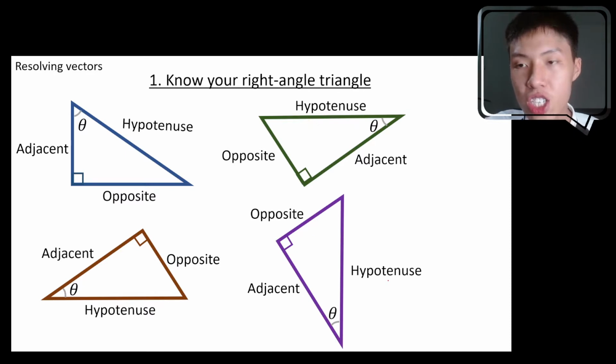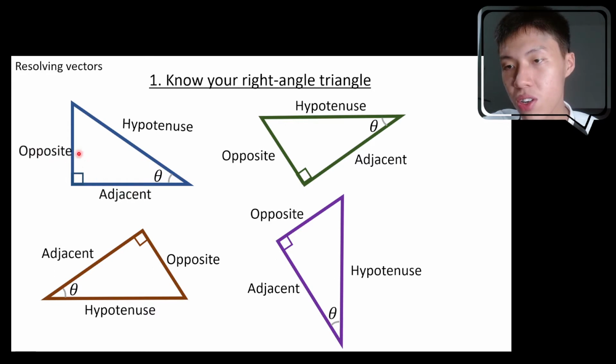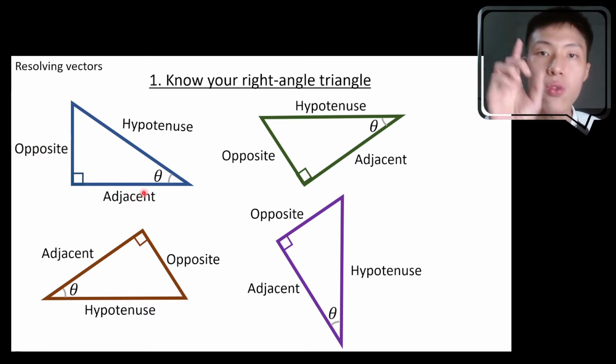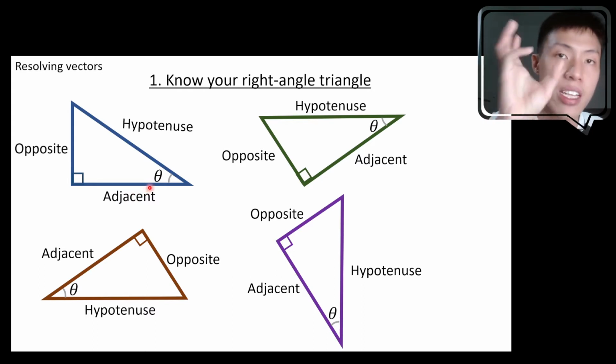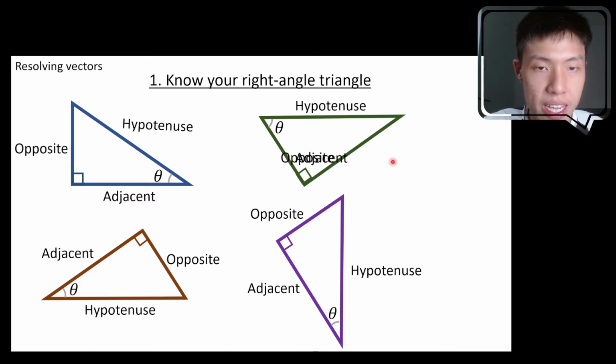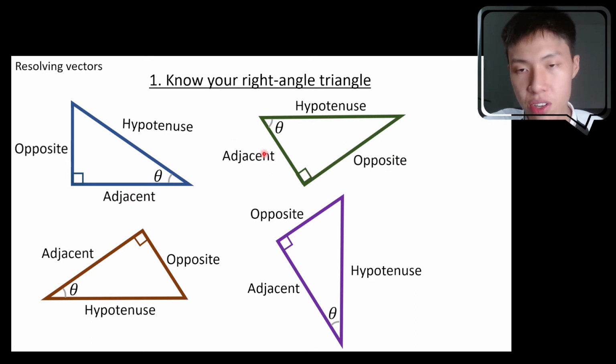Now if I change my theta to another side, look at the first triangle. If I change my theta from here to here, what will happen is now the opposite is on this side and the adjacent is on this side. So opposite and adjacent depend on theta. If I change my theta over here, then now opposite has to be on that side, whereas adjacent is on this side.